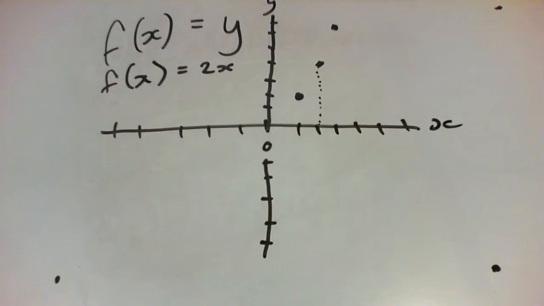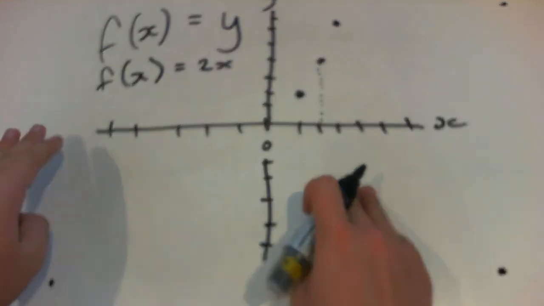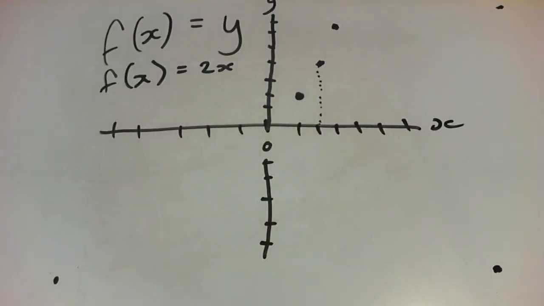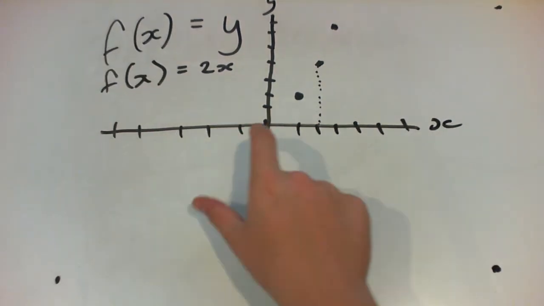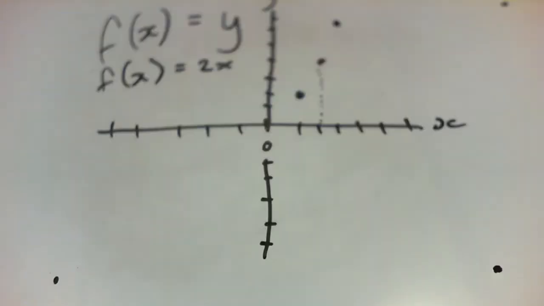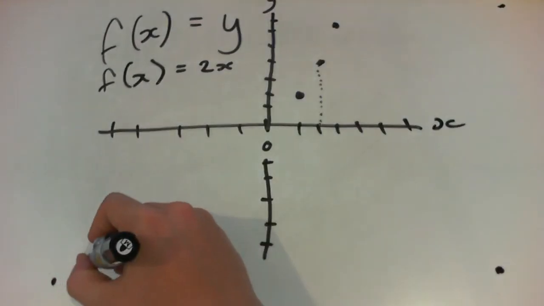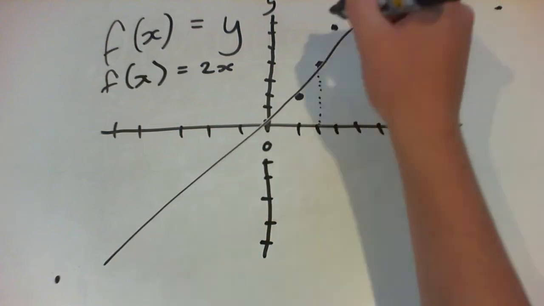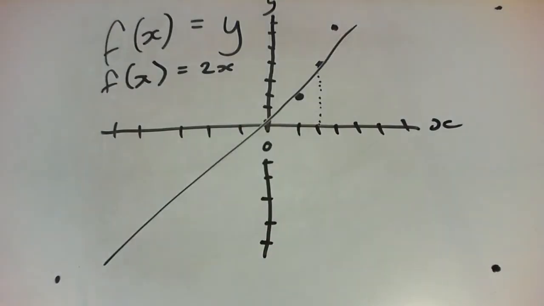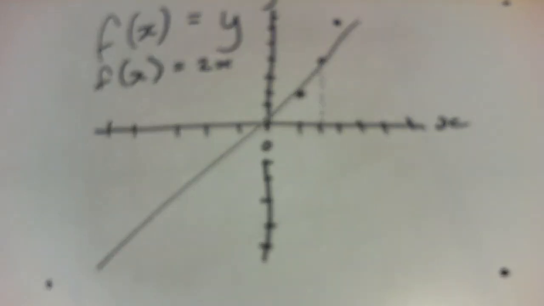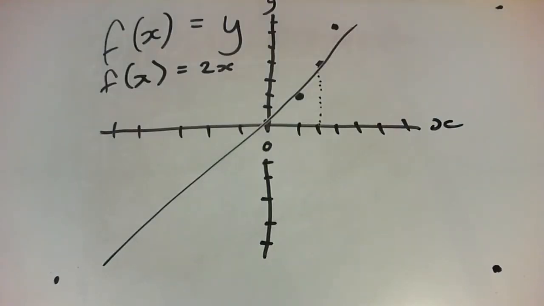And what graphing functions does is it tells you what happens when you put every single input into this function, and it shows you the output for every single input. So what graphing a function does is it asks, where does every single input go?